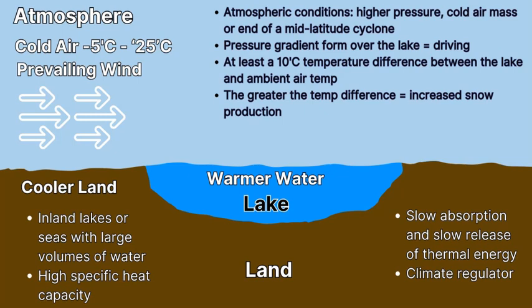You create a difference in temperature between the air moving over the lake and the lake itself. It has to be a larger difference in temperature than 10 degrees Celsius. So this difference will create the right conditions to form lake effect snow.